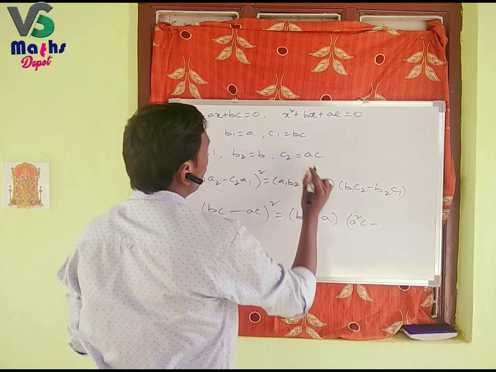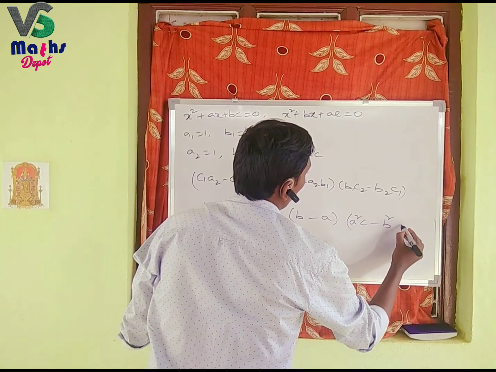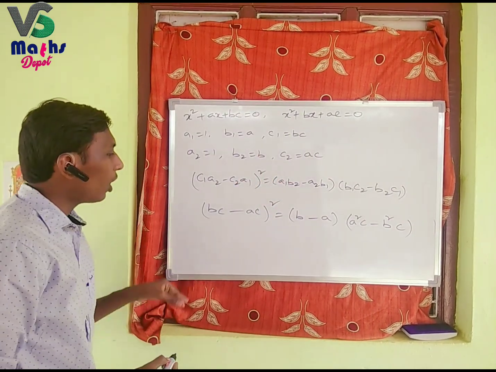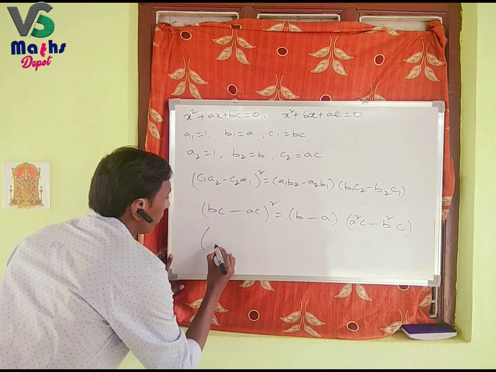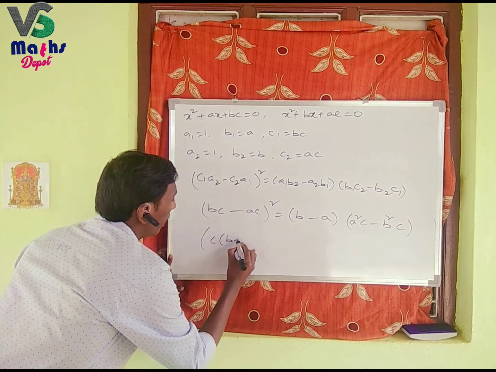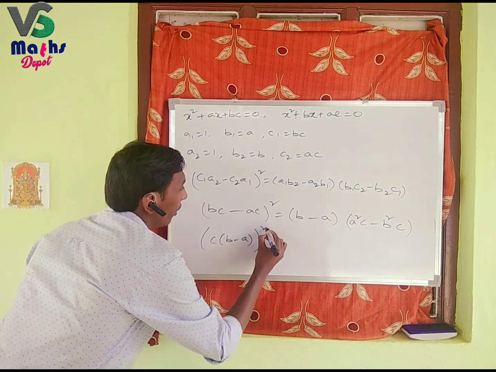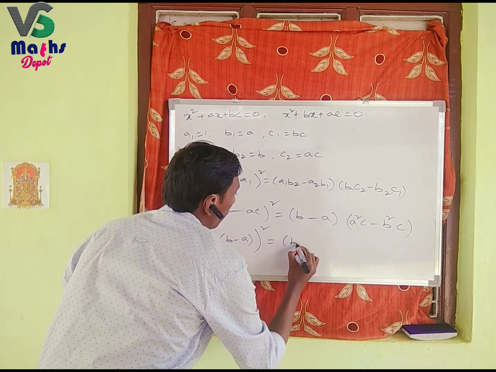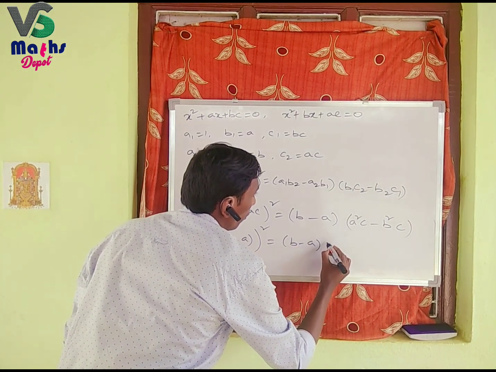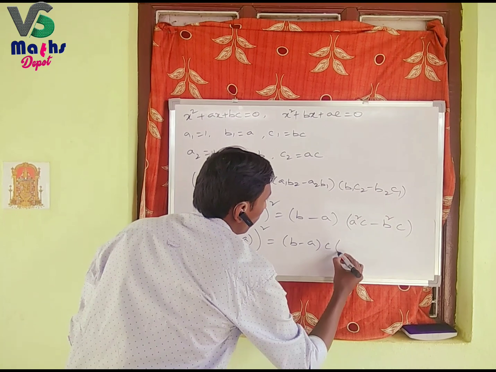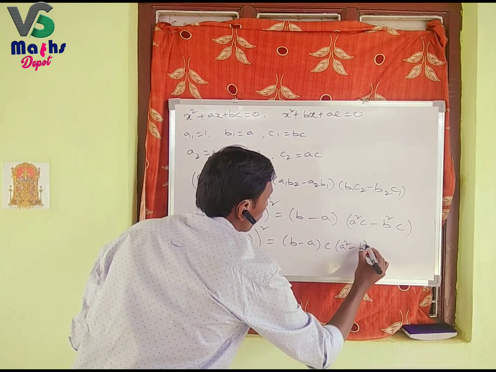minus b²c. Now here take c common: (b - a)² is equal to (b - a) into c(a² - b²).